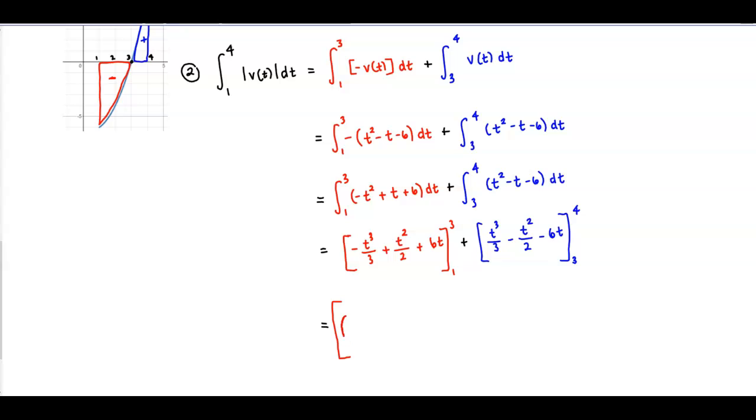Using parentheses, we have negative 3 cubed over 3 plus 3 squared over 2 plus 6 times 3, and then minus negative 1 cubed over 3 plus 1 squared over 2 plus 6 times 1.